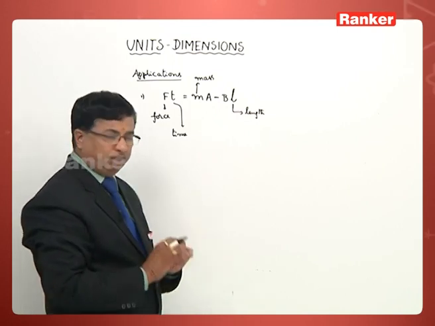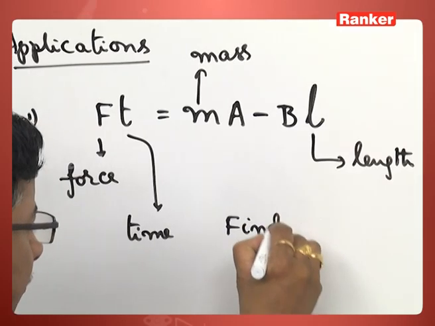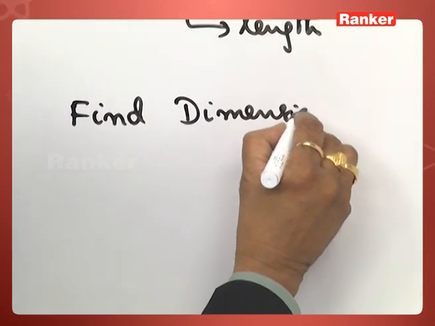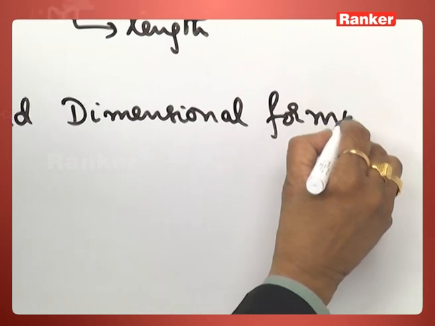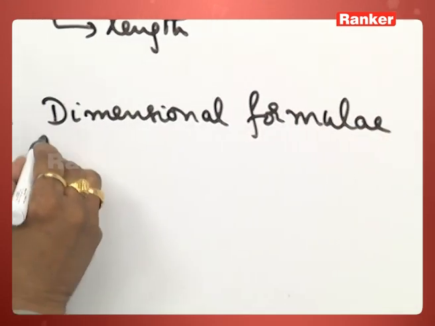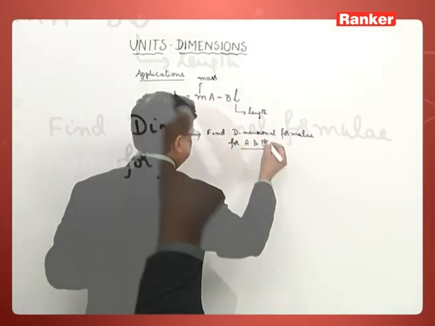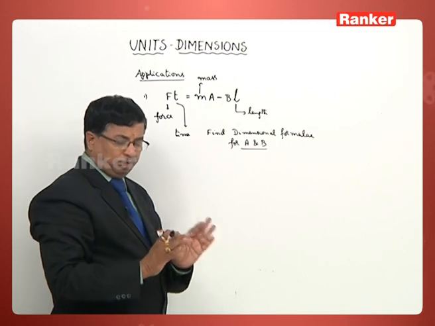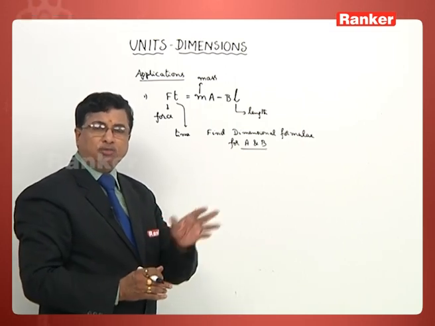Now the question is, find the dimensions, or dimensional formulae, for A and B. A and B are two different quantities which are involved in the equation.